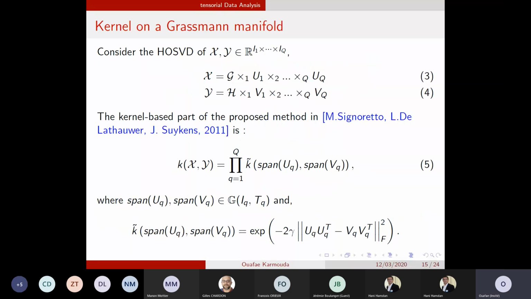So now that we have all the ingredients, we're going to see how we can define a kernel between two tensors as presented in this paper.